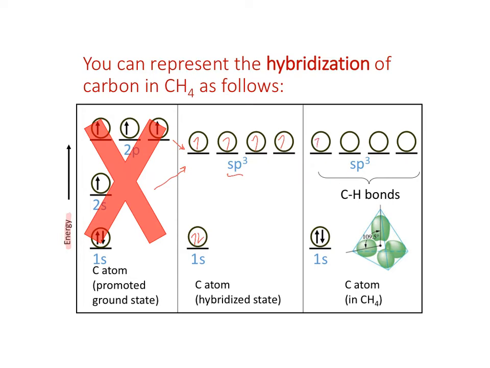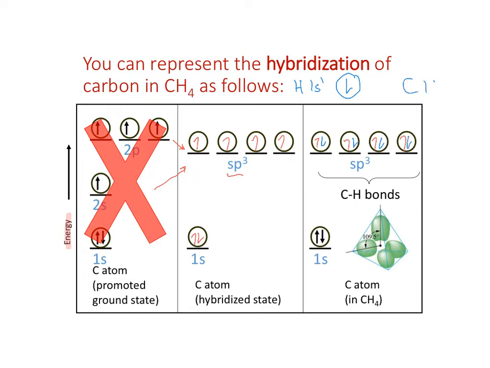So if we look back at the methane example, carbon forming 4 bonds, well, hydrogen, I'll put in blue here just to differentiate the electrons from hydrogen. Hydrogen is 1s1. Hydrogen has an s orbital with 1 electron in it. So if I bring in 4 separate hydrogens, each containing 1 electron in their s orbital, they'll overlap with the hybrid sp3 orbitals to form 1, 2, 3, 4 covalent bonds.